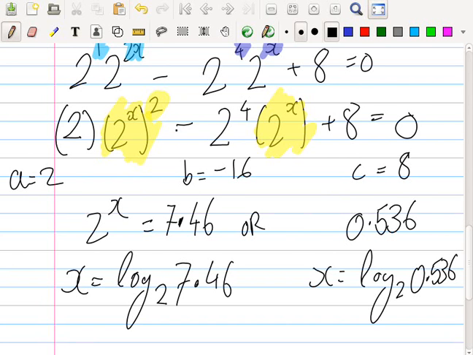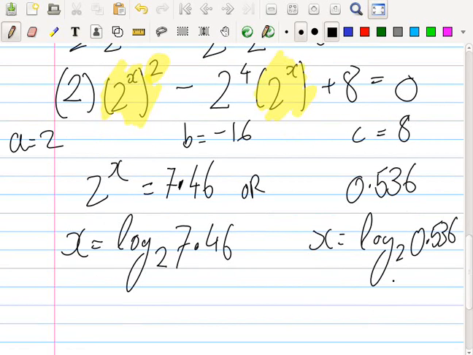Yeah. So, out of curiosity, what answers did you get? 2.89, and then this one here? Negative 89? So this answer is wrong. The answer at the back is wrong for some of these. I don't know why or how that happened.